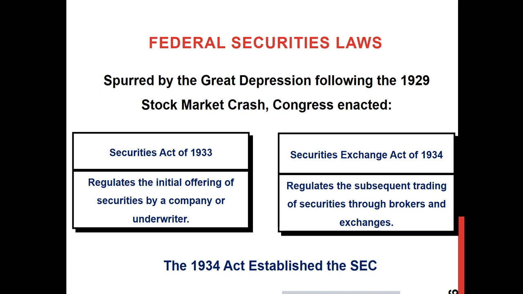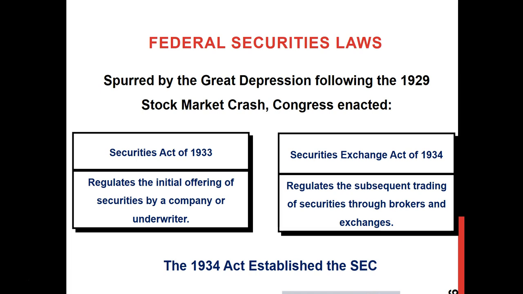And the other law you need to know is the Securities Exchange Act of 1934, which actually created the SEC. This act regulates the subsequent trading of securities through brokers and exchanges.